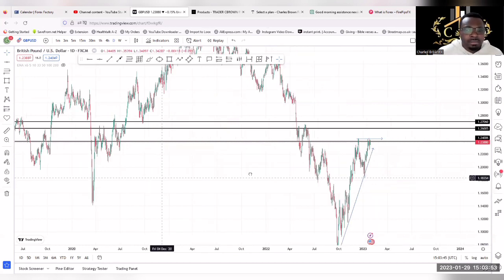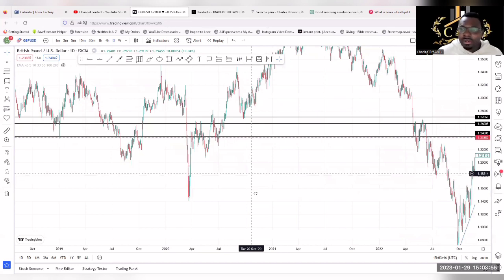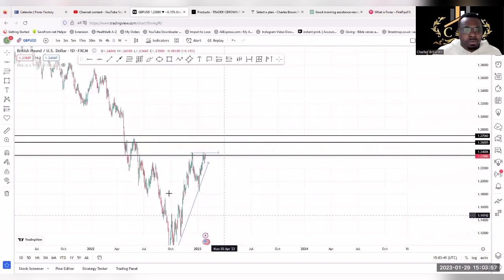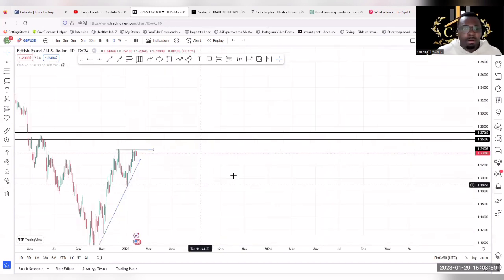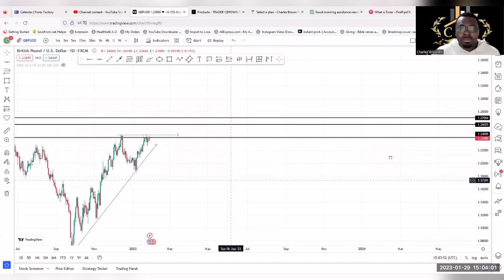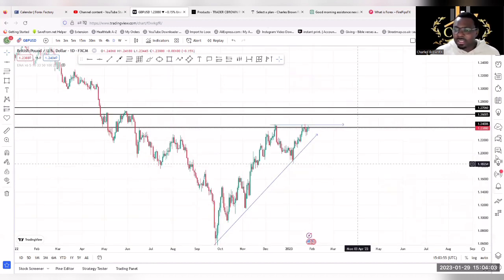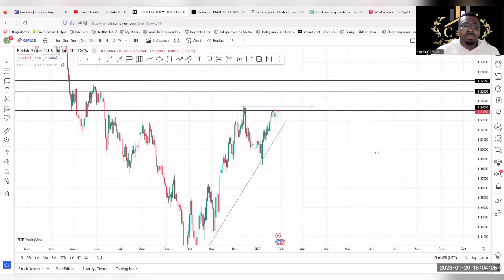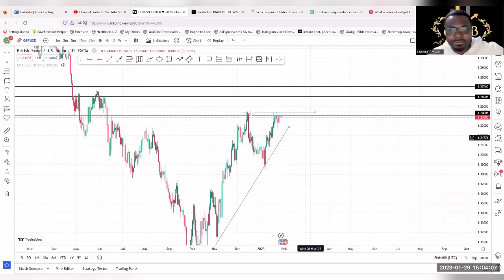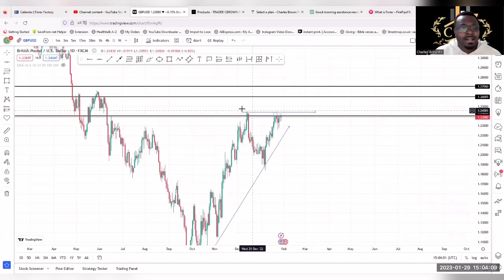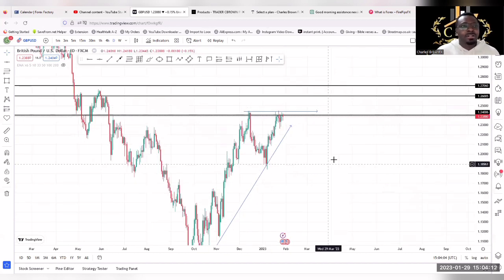So the market has been playing around that zone in the past. There's no fear or concern that the market will not come to that level in the future, which is obviously a good prediction if the market breaks above this double top that we have here on the daily.